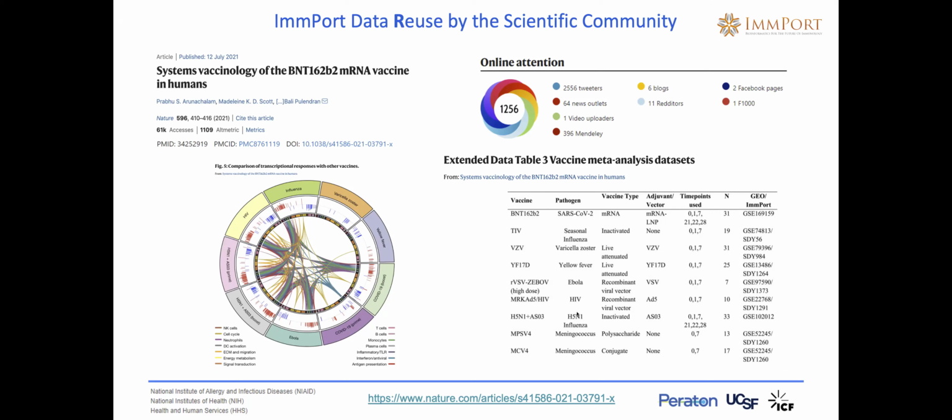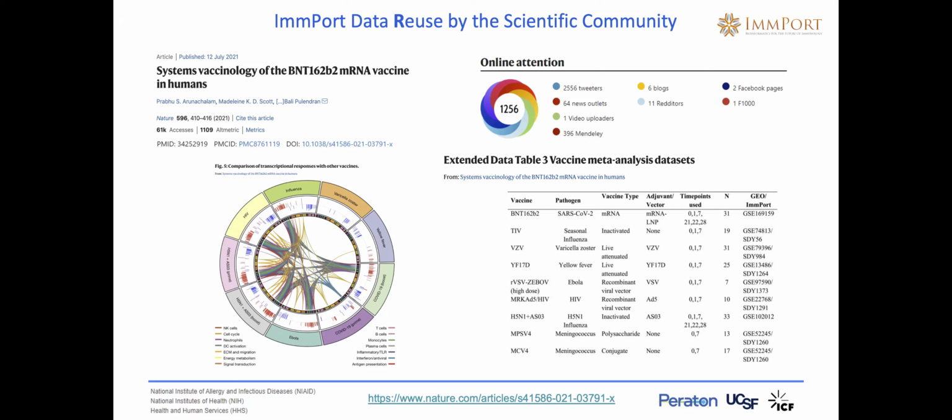When they were looking at the BioNTech vaccine, there was no other reference for them. But the reference was all that is listed here, which are from other vaccines. That came in handy because all this data was available in ImmPort. The researchers downloaded the data and compared the BioNTech mRNA vaccine to the vaccines for other pathogens.